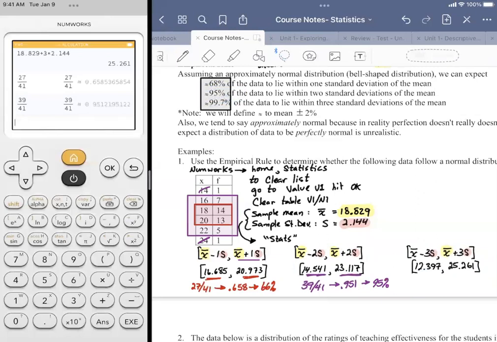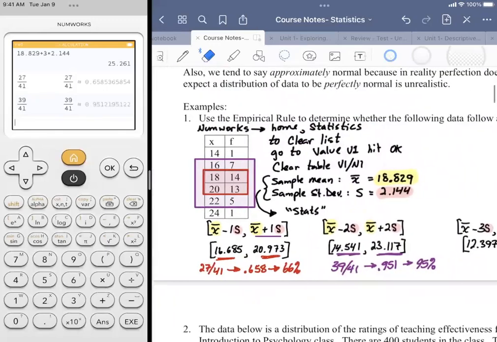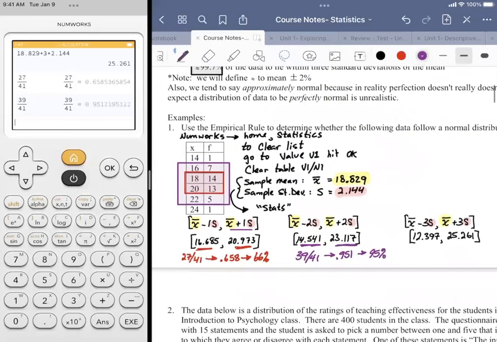Right, so now we're just going to investigate the last case, which is going from about 12.4 to about 25.3. Every one of the values falls in that interval. Every one of these numbers here, let me just do this real quick and then zoom back out. Every one of them falls in the interval.